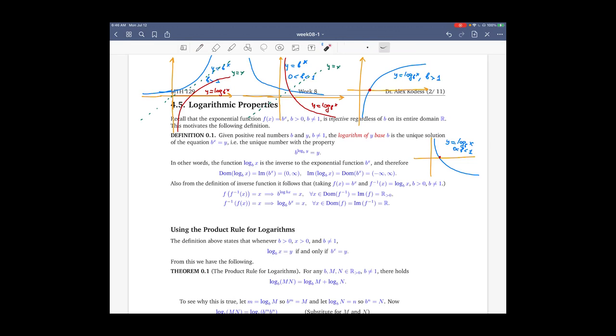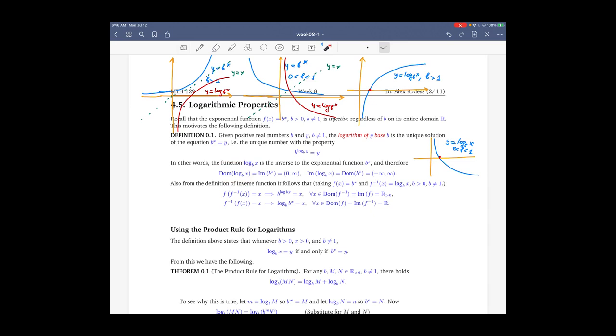Again, remember the domain of the exponential function, which is also the image of the logarithmic function, is the entire real line. The image of the exponential function and the domain of the logarithmic function is the set of positive real numbers.